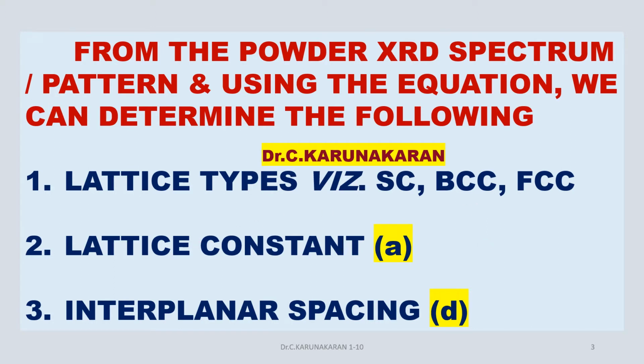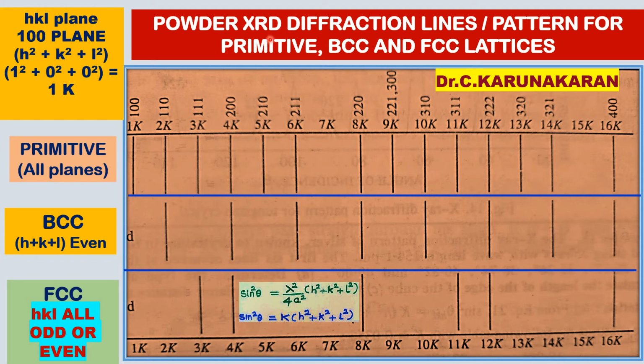The powder XRD diffraction pattern or lines for primitive lattice is shown here. This is the powder XRD pattern for BCC lattice. This is the powder XRD lines obtained for FCC lattice.